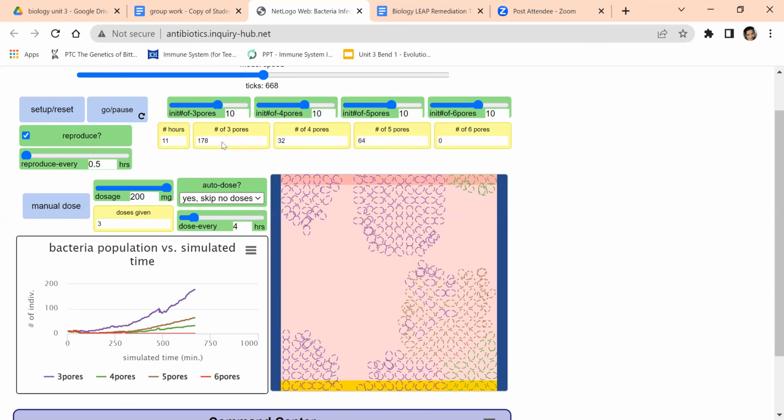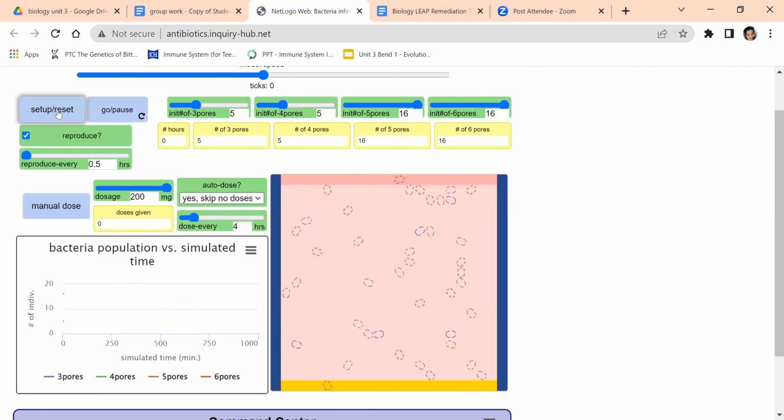And so if you don't take all of your antibiotics, and let's just say you started off, one more little practice, let's say you started off with only 5 of the 3 pore and only 5 of the 4 pore, and then you had 16 of the 5 pore and 16 of the 6 pore, and you were sick because you had all these bacteria in your body.